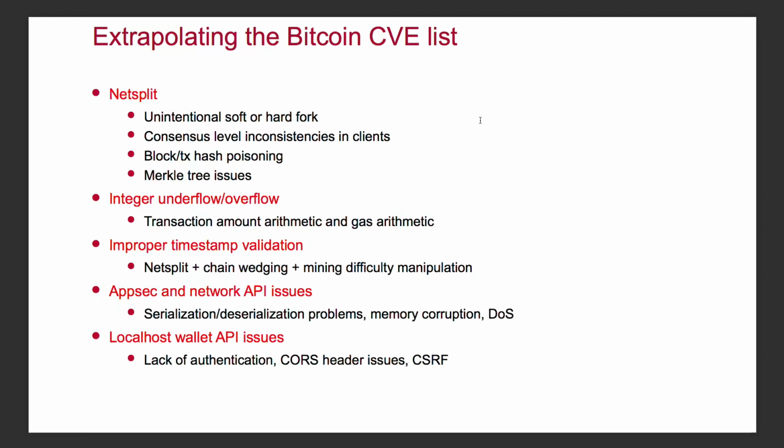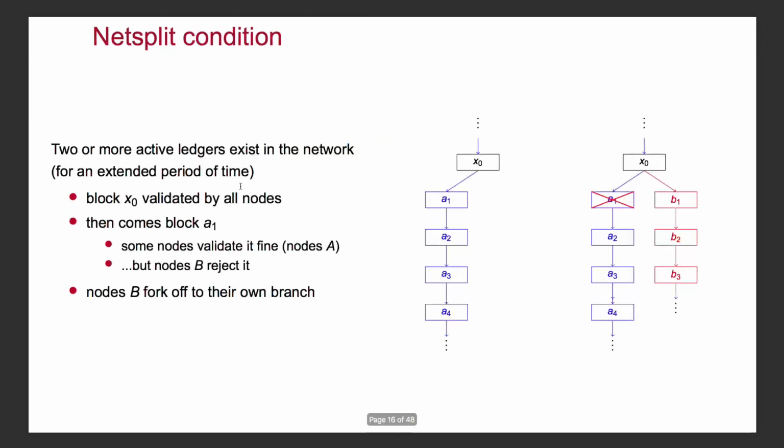And then some nodes that have not updated can't process my transactions, and there is a net split as a consequence. Now, there are other reasons, so we'll go in detail through the block transaction hash poisoning and Merkle tree issues.